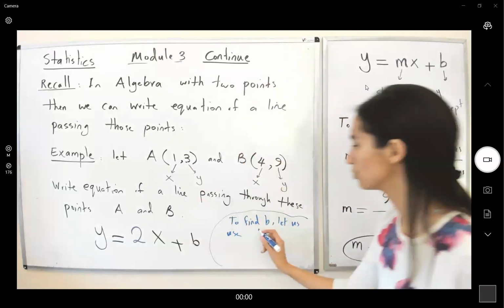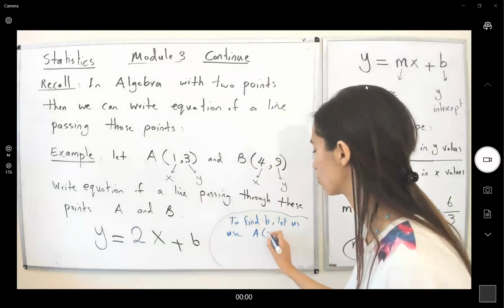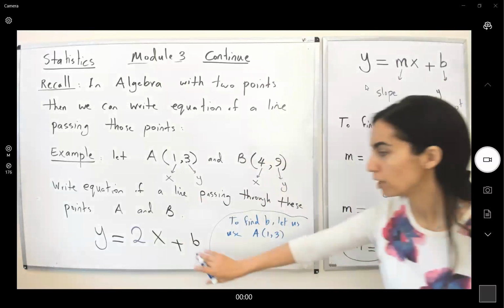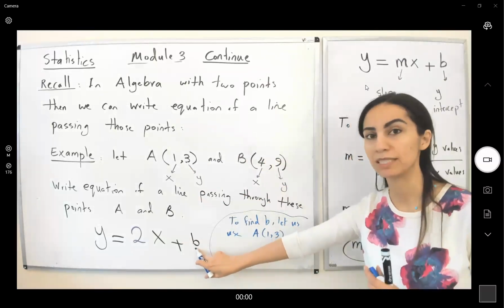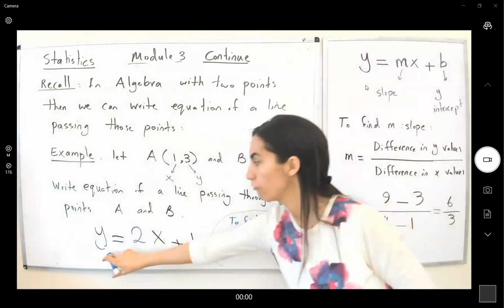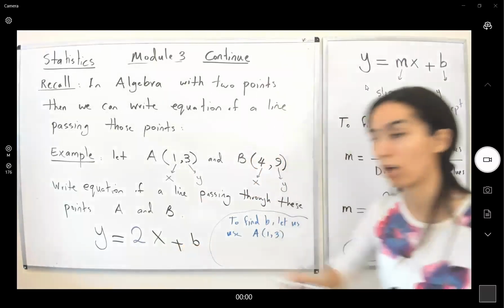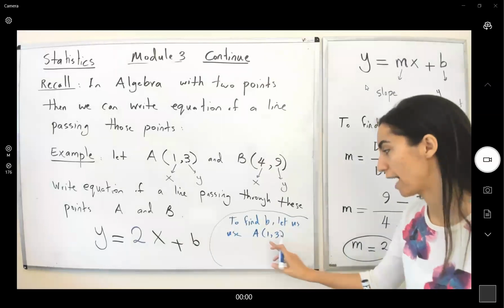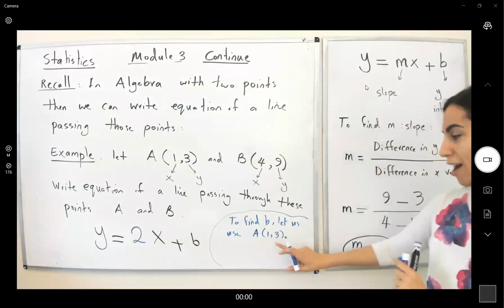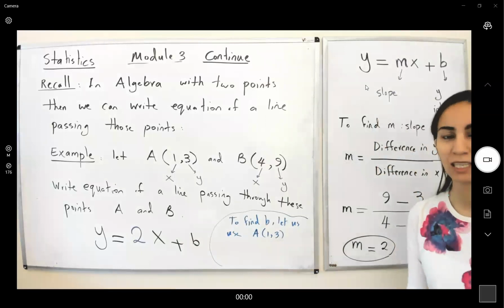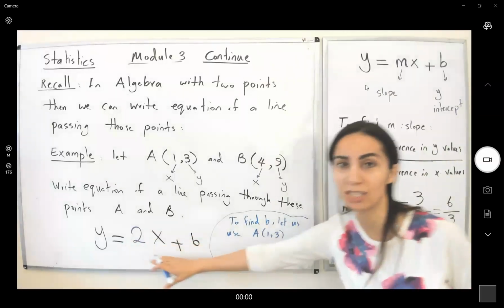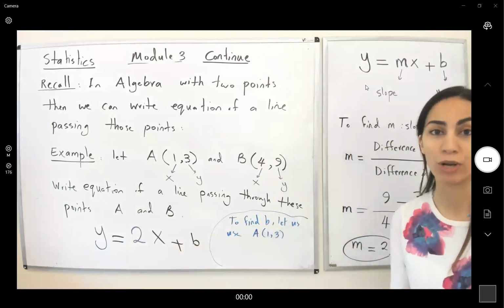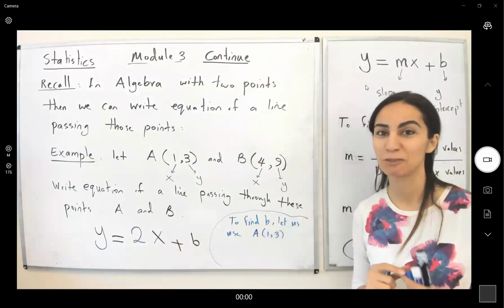So I'm going to use point A with first coordinate 1 and second coordinate 3. So I'm finding this missing value. y is equal to 2x plus that missing value. For this case, I have my x equal to 1 and my y equal to 3. So I can substitute them into the equation of the line for this specific point to find my b.